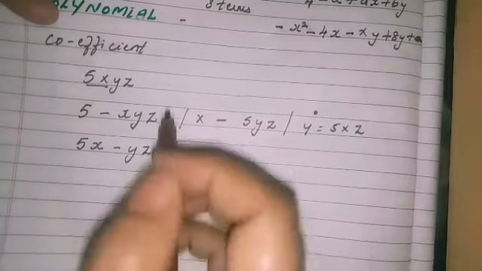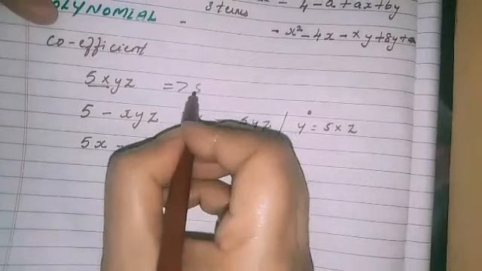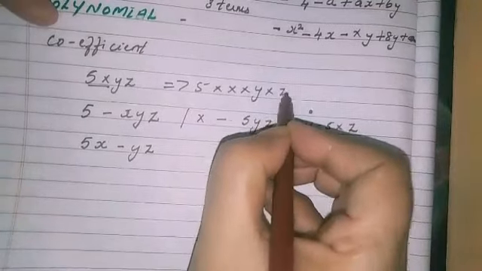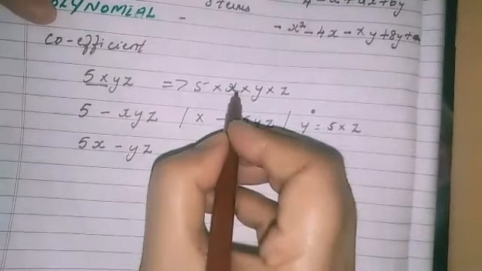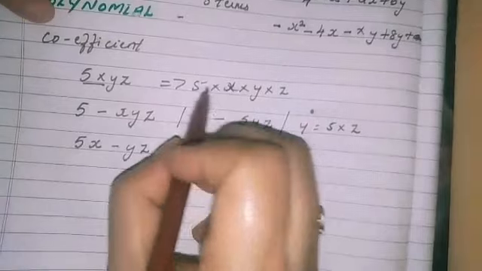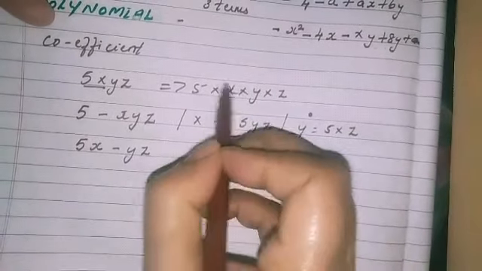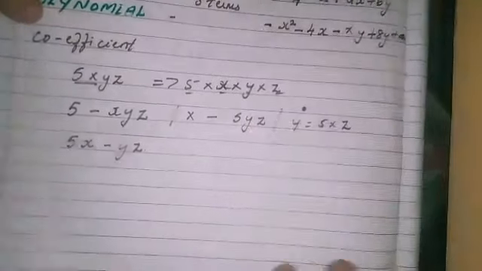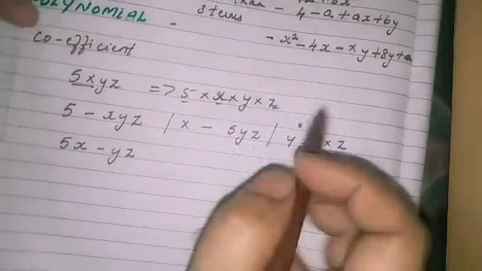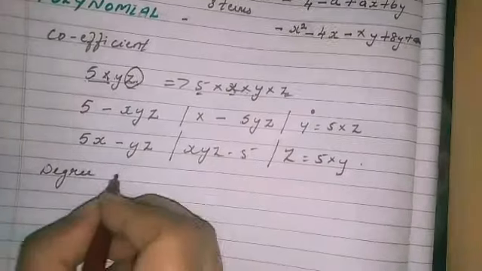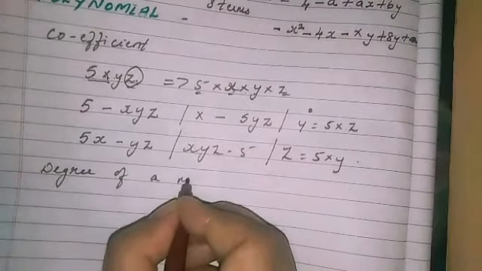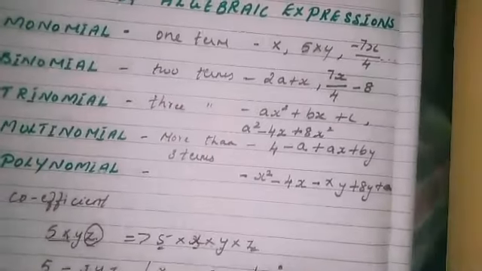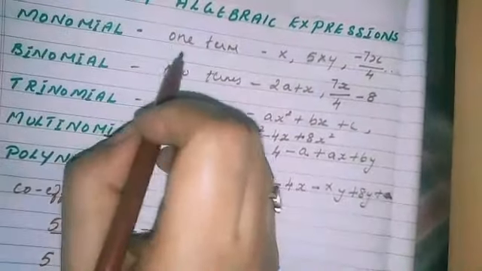For example, if we have to multiply 5 into x into y into z, these are all the factors which I have to multiply with each other, of a monomial. We know what a monomial is: a monomial is basically one term.